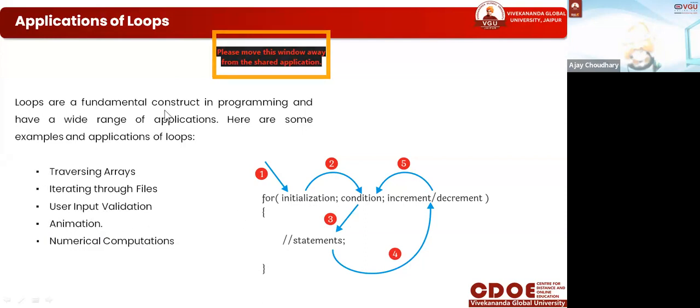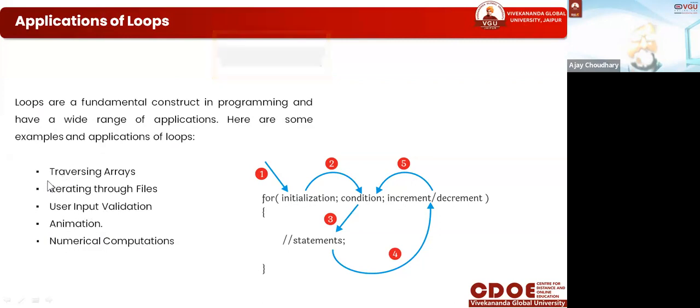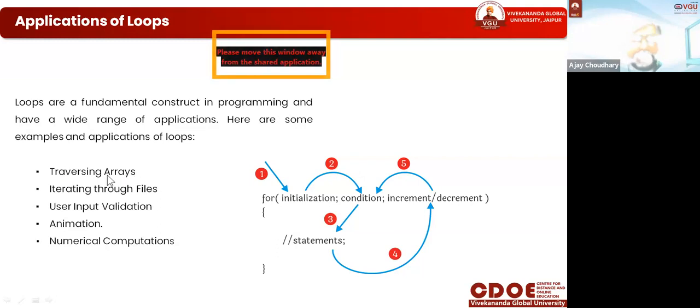So loops are a fundamental construct in programming languages and have a wide range of applications. Some of the applications are here: traversing an array. When we learn about data structures, there is an array.